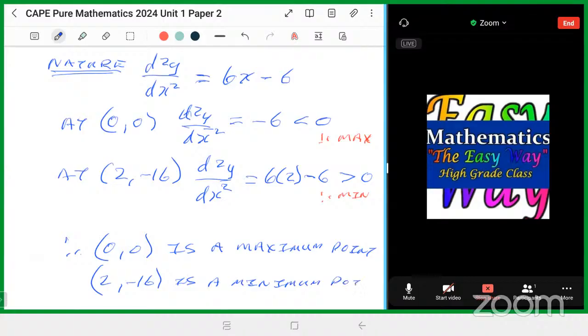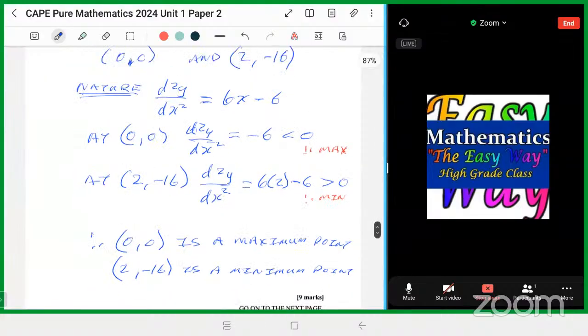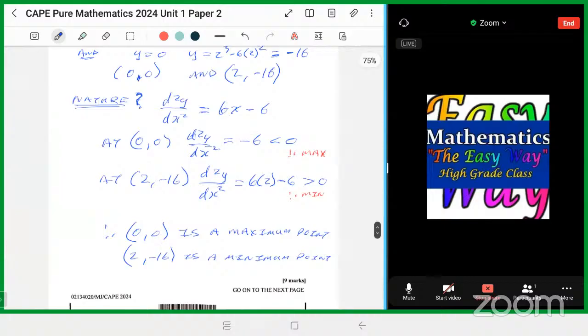These are the stationary points. One maximum, one minimum. That's the nature, and I've answered the question. What is the nature of those stationary points? That's what we're doing down here, determining the nature. 9 marks for doing all of that.